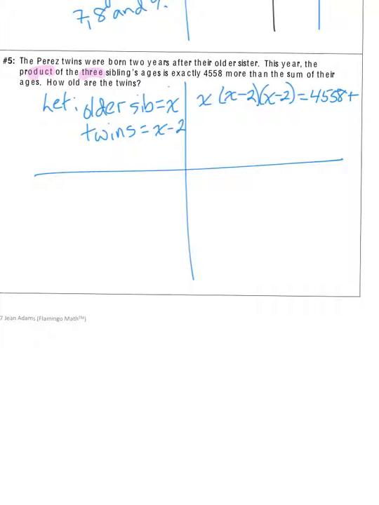So that's 3x minus 4. So let's collect like terms: x times x minus 2 times x minus 2 equals 4,554 plus 3x. Then move everything over to the left to set one side equal to 0.